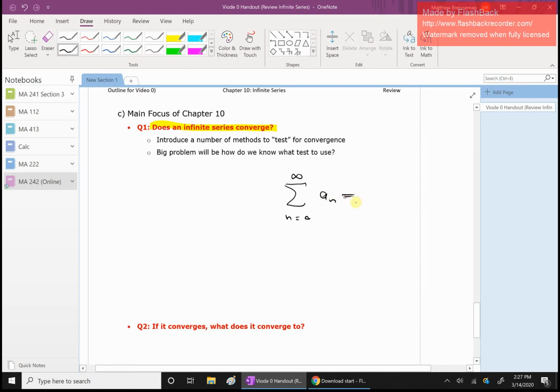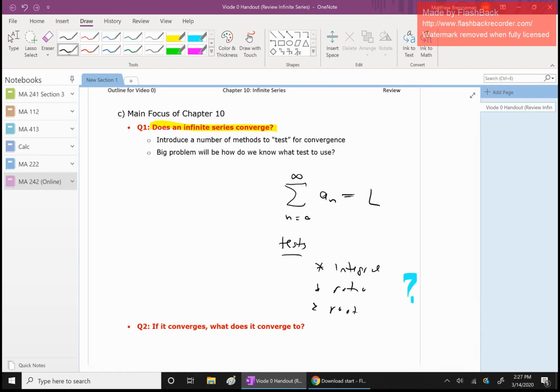To answer that, we're going to introduce a bunch of tests for convergence: an integral test, a ratio test, a root test, and so on. And of course, not all of these are going to work. So the big challenge is going to be, which test do we use?